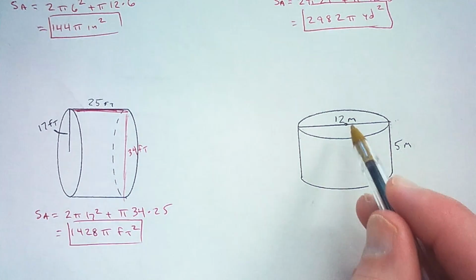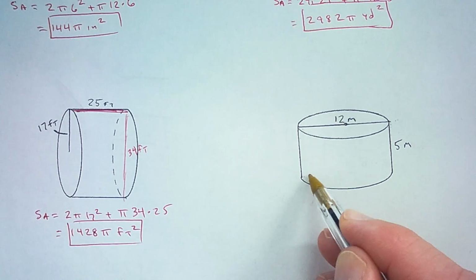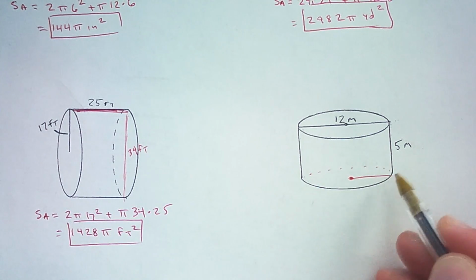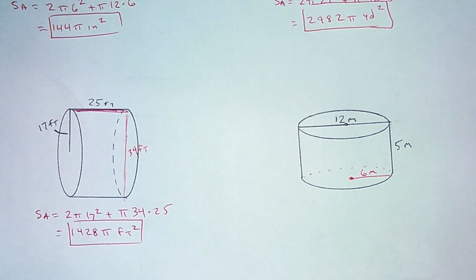And our last one here, once again, we are given the diameter. Now this bottom circle isn't shown all the way, but I'm going to draw the radius on it. The diameter is 12, so the radius is 6 meters.